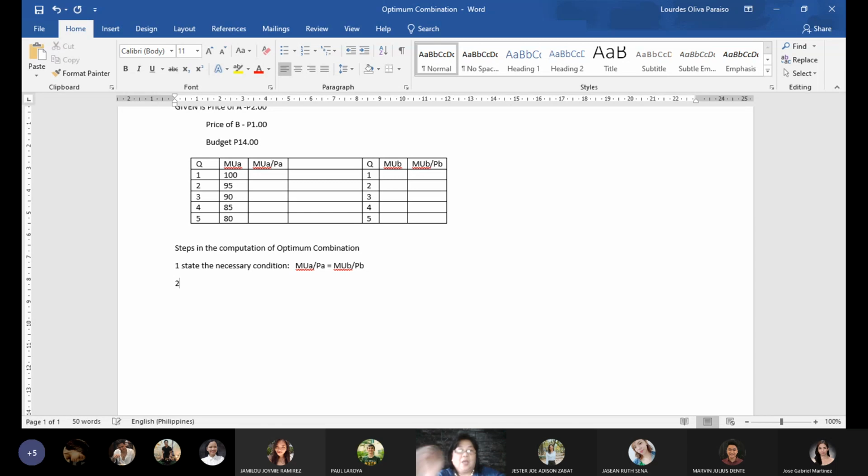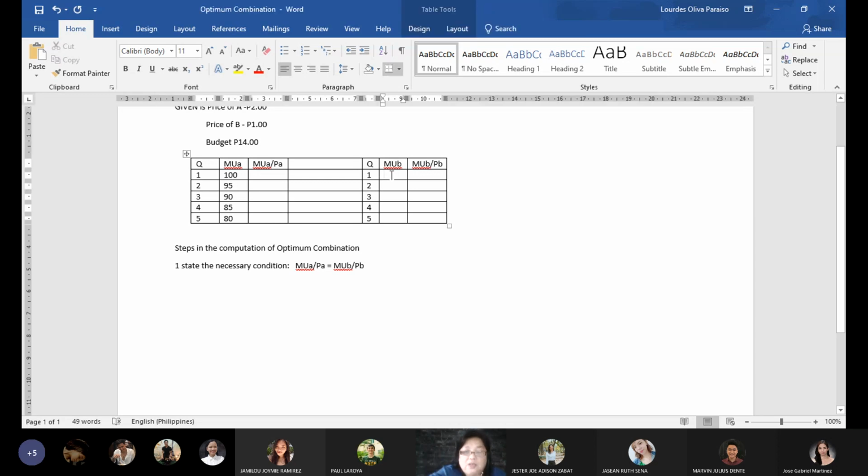Second, work on the first element of the equation. So, we have provided already your MU of A. Ito yung marginal utility of A nyo. So, if your marginal utility of A is 100, how about your marginal utility of B? Now, let us assume that in your marginal utility of B table, you have also 100 utils. Ano ulit yung utils? Unit measurement for utility.